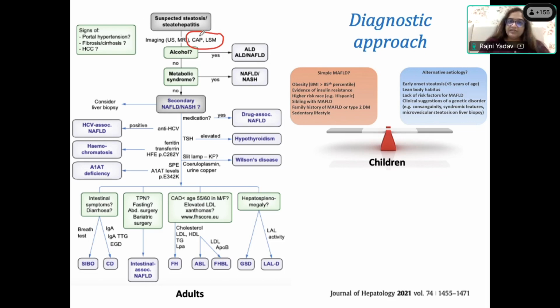It's an ultrasound kind of thing. You can measure the fat, and the values will be given in decibels. That's the CAP, the fat values, and then the liver stiffness measurement, which is the fibrosis, given in kilopascals.